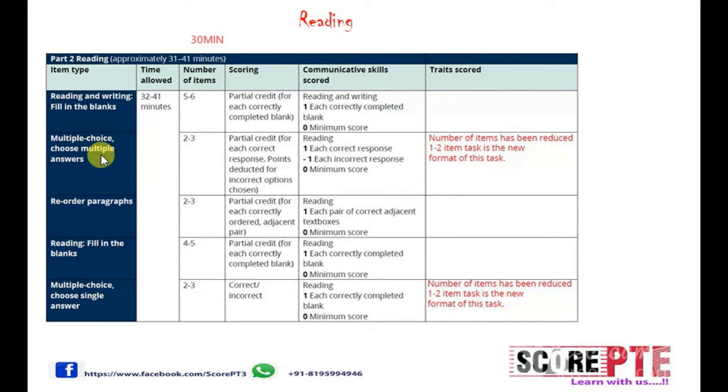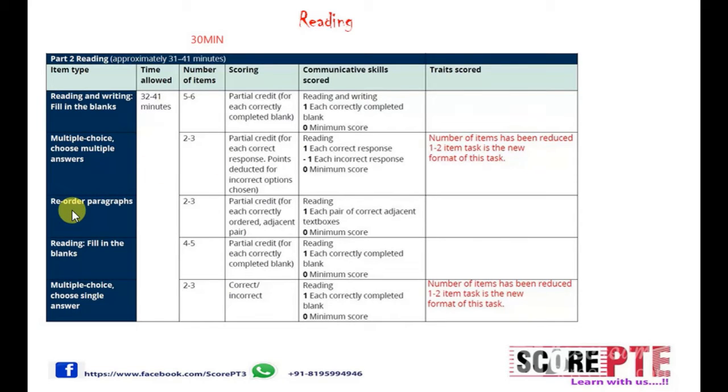Multiple choice, multi answer, there has been a change in item tasks. You were getting 2 to 3 tasks in your previous attempts before 16th November 2021, but now you are going to get 1 to 2 tasks in multiple choice and multi answer.